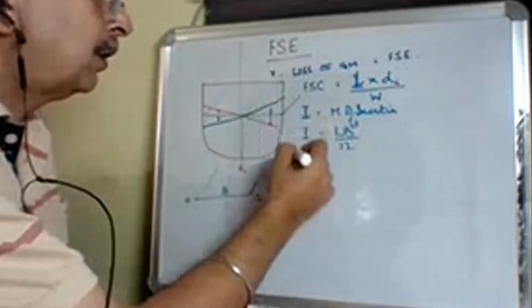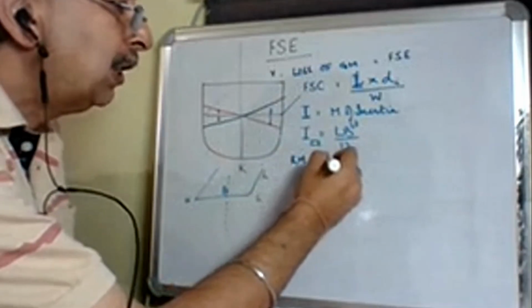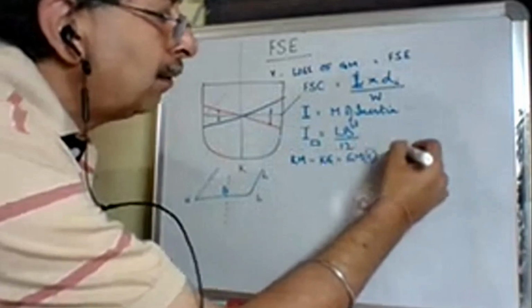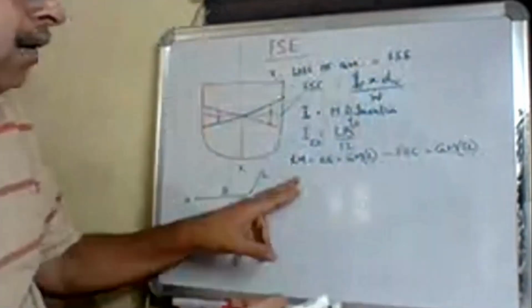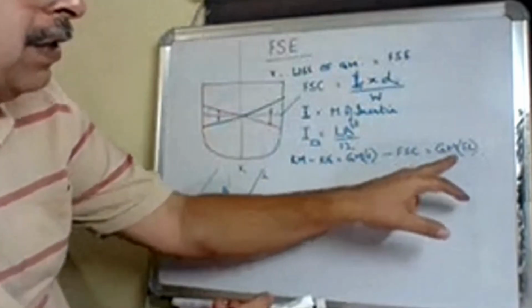The rule is KM minus KG gives me what is called GM solid, and GM solid minus FSC gives me GM fluid. KM minus KG gives GM solid, minus FSC gives GM fluid.